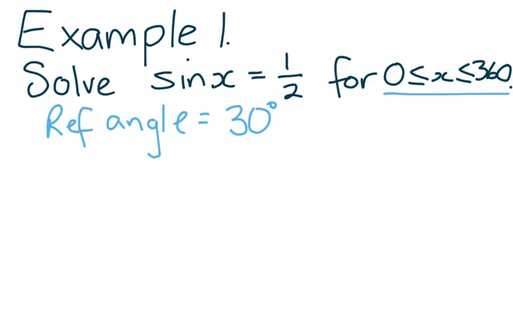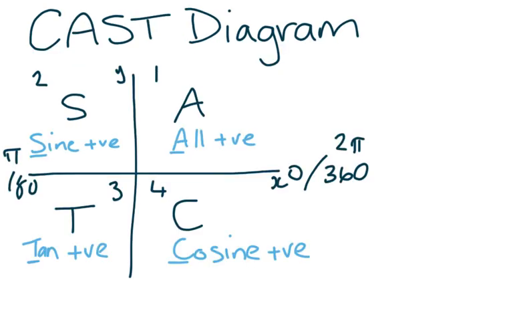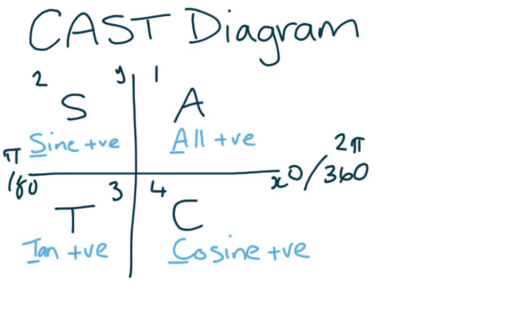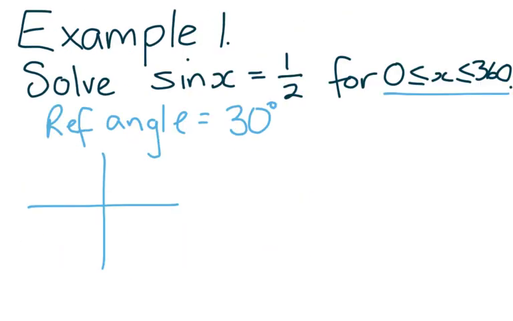We then draw up our CAST diagram, our quadrants. Sine is positive because the answer here is positive 1/2, and sine is positive in the top two quadrants. So we draw in our reference angle as 30 and 30. We're looking at 0 to 360, which is one full rotation, or revolution, I should say.